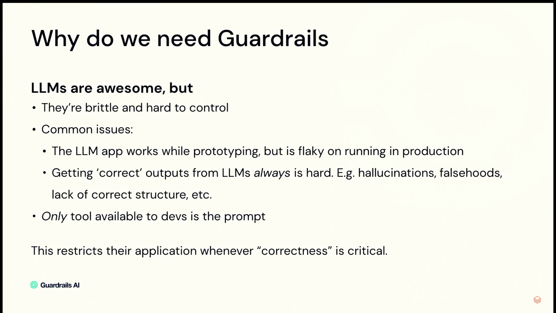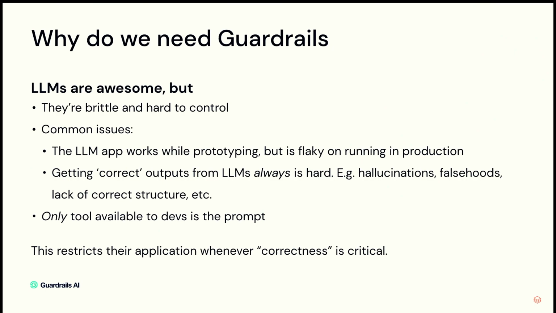Awesome. So why do we need guardrails to start out with? For any of you who have built applications with large language models, you would know that they are fantastic, they are amazing at general purpose reasoning, but they are extremely brittle. Common issues that pop up as we are all working with generative AI systems are that the large language model application that you build out works in prototyping, but it's flaky in running in production.